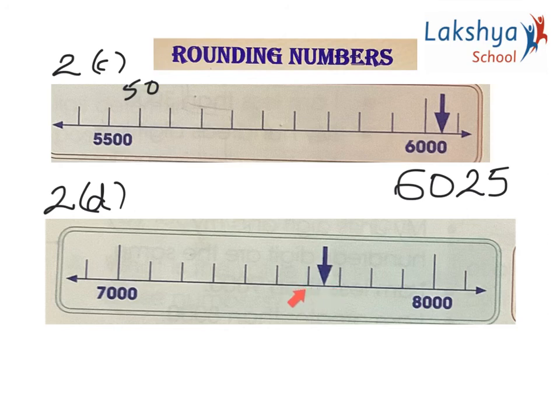It should be between 7600 and 7700. So what comes in between that? So it is 7650. Do work out A and B by yourself.